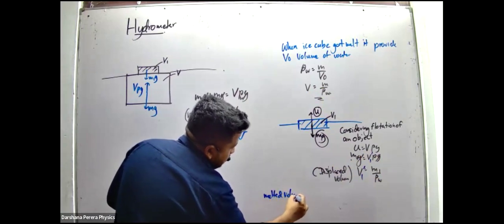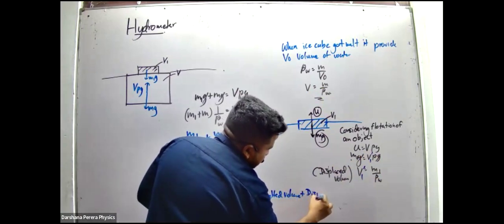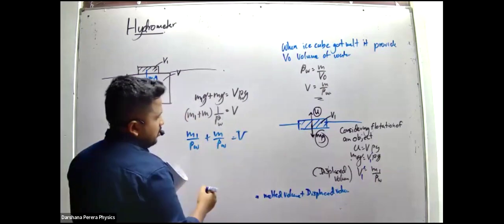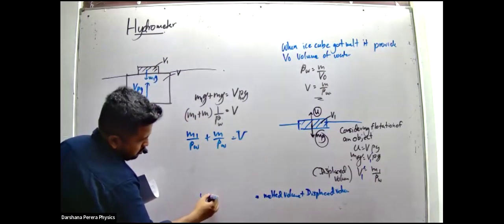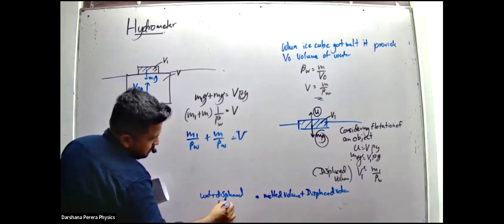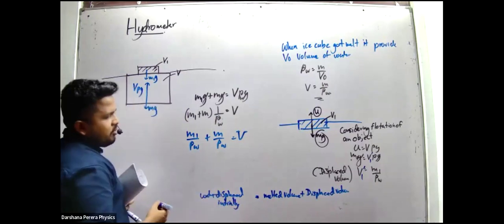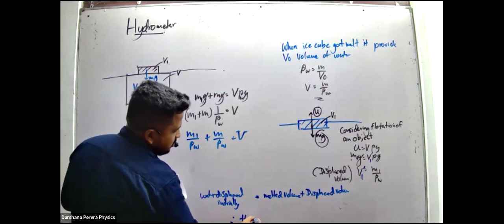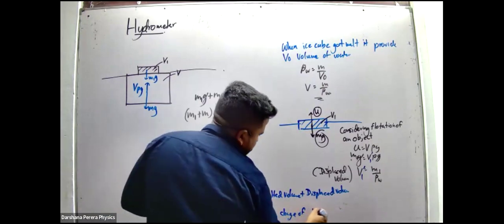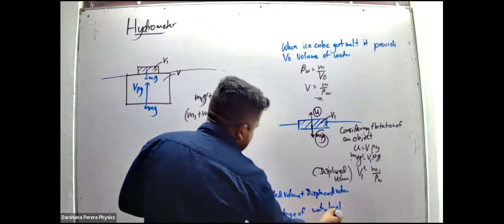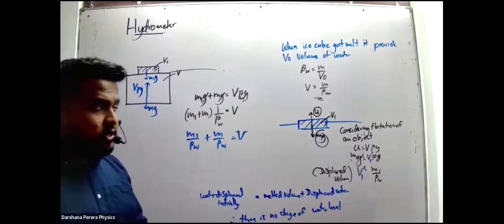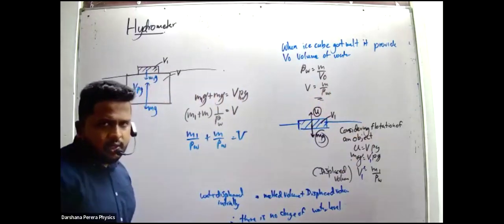Melted volume plus displaced volume equals what? Water displaced initially. Therefore, there is no change, right? That means if there is a floating object on top, there is no change, right?